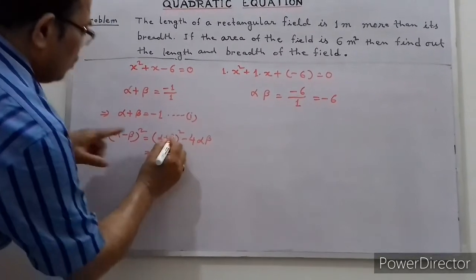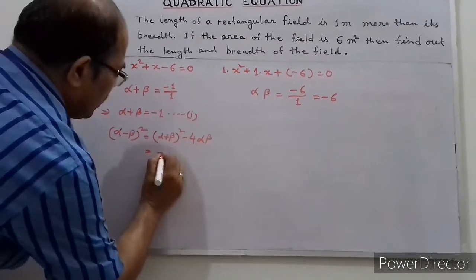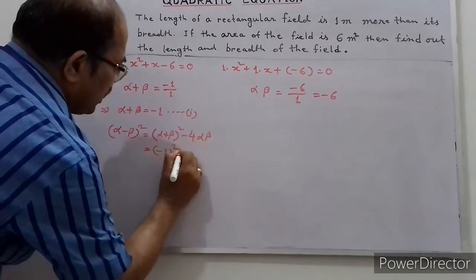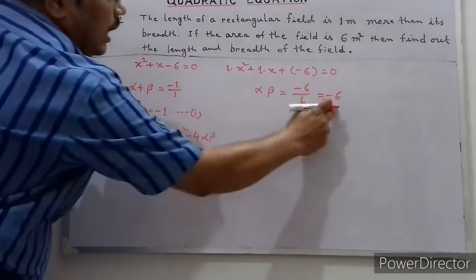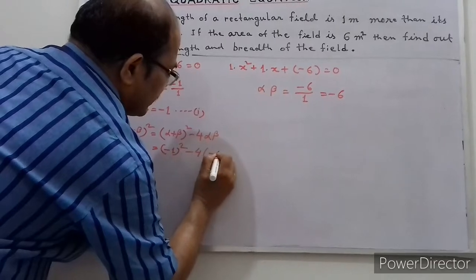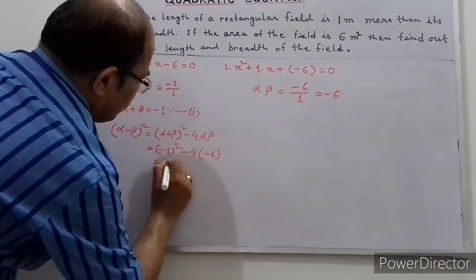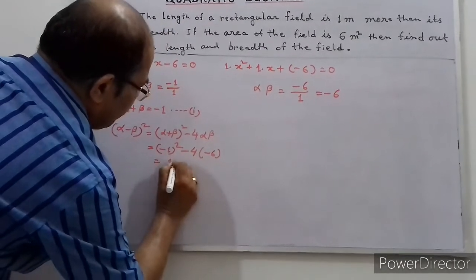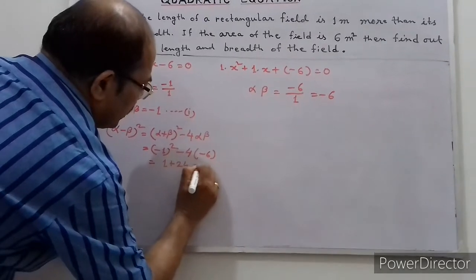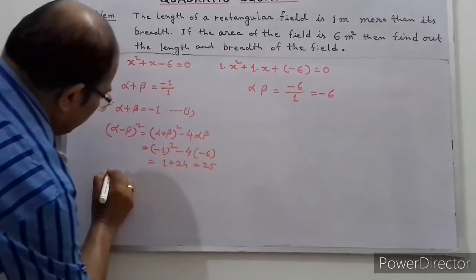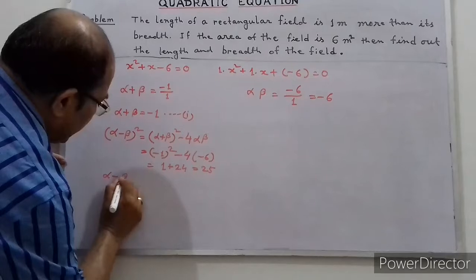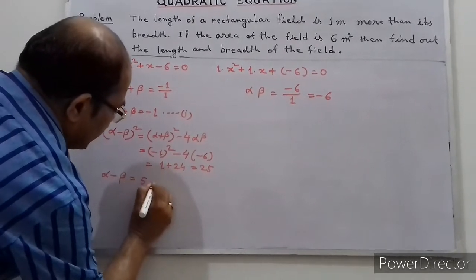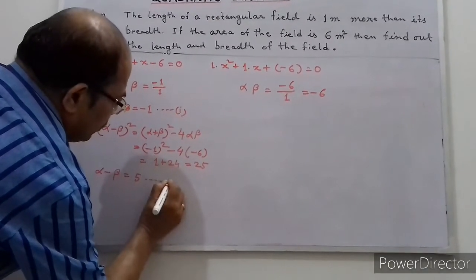So that equals, alpha plus beta means minus 1, so whole square of minus 1 minus 4 into alpha beta, which is minus 6, right? So that equals 1 plus 24 equals 25. So alpha minus beta equals 5. This is equation number 2.